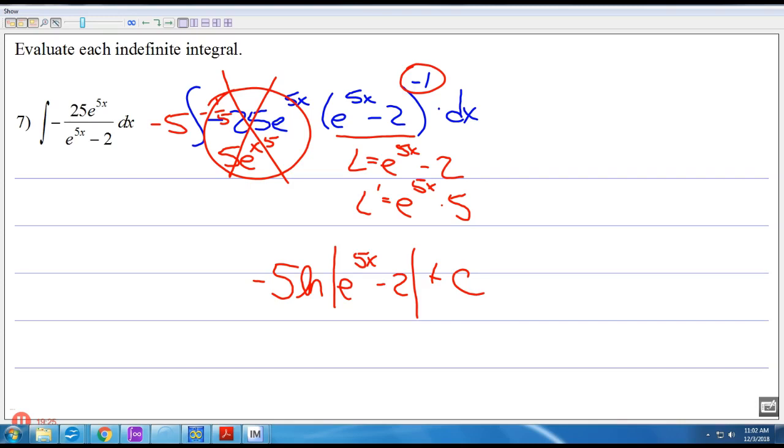Questions? Yeah. Why doesn't the e cancel? Because the natural log of e is just 1. Why isn't it the natural log of e is 5x minus 2? Oh, so we could simplify it. We could break it down and say that's negative 5 times the ln of e to the 5x. Subtraction is a little different with logs because you're working with powers now.